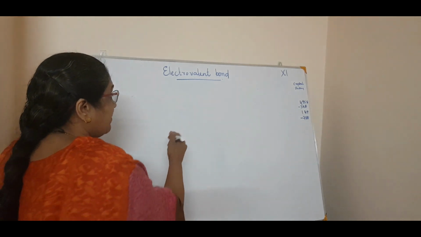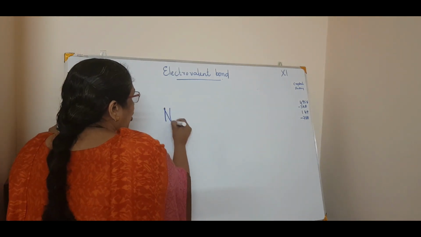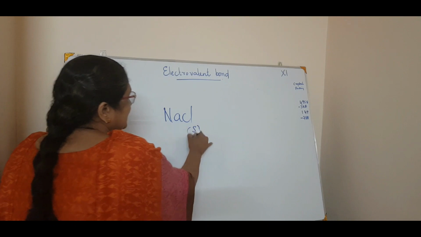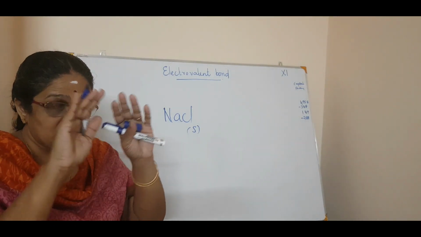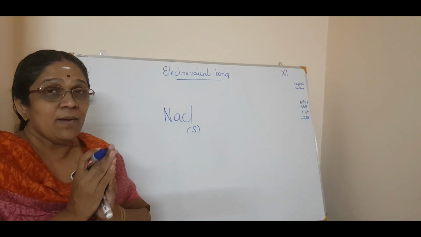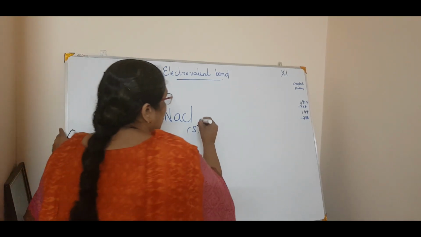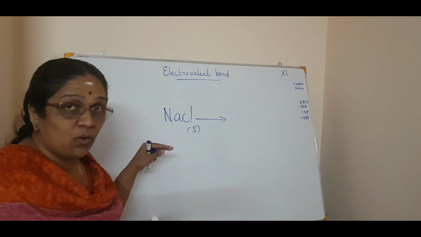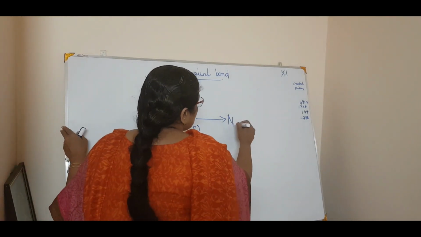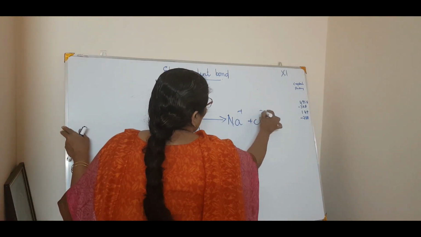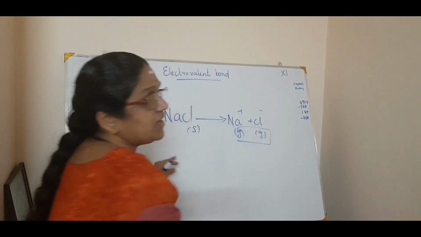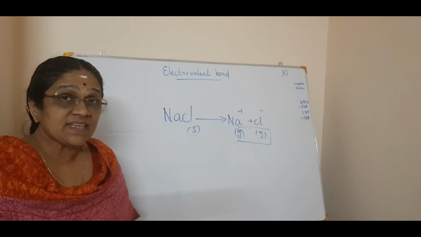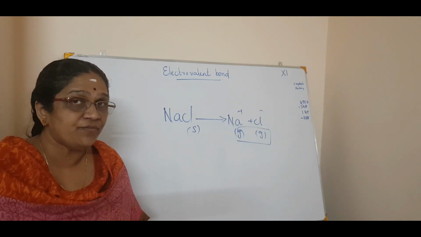So we will have an example. That means 1 mole of a solid compound, for example 1 mole of sodium chloride, must be broken down into the constituent sodium ion and chloride ion in their gaseous form. Very, very important: in the gaseous form, not in the solid form.